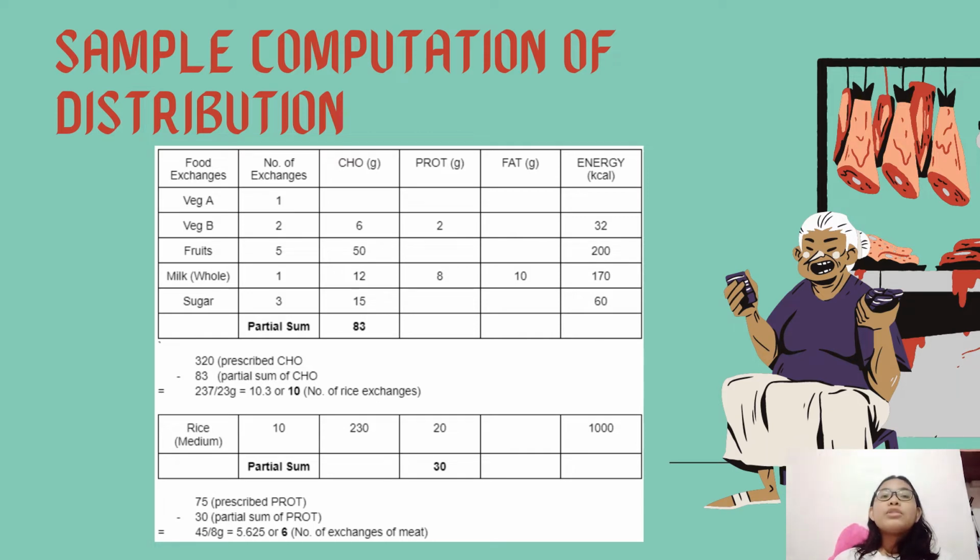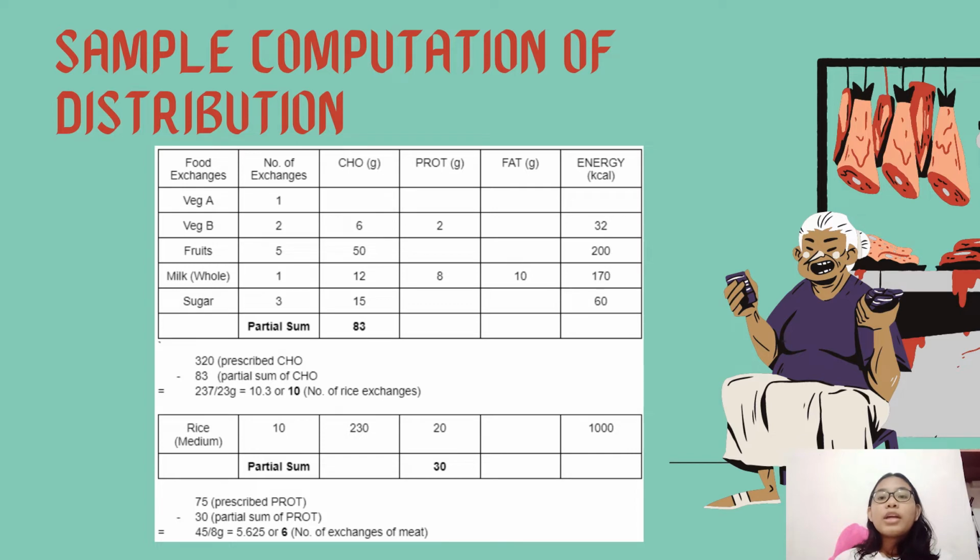Vegetable B has 2 number of exchanges and is equal to 6 grams of carbohydrates, 2 grams of protein, and 32 kilocalories of energy.